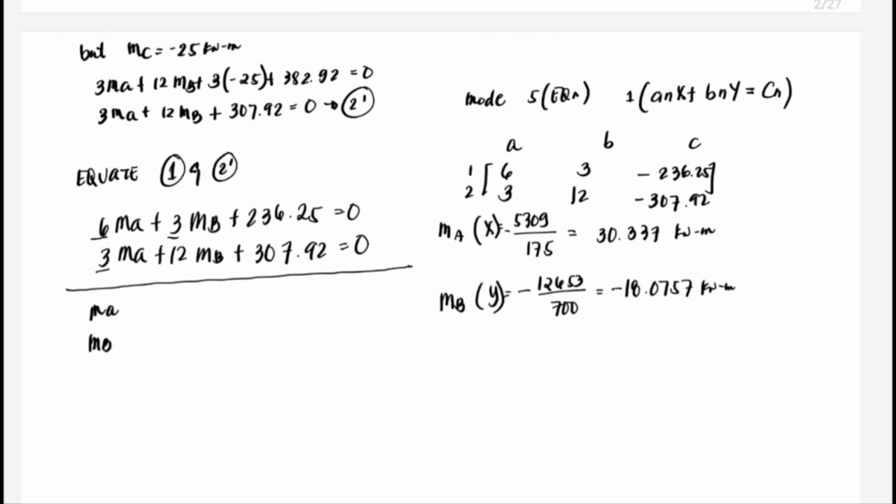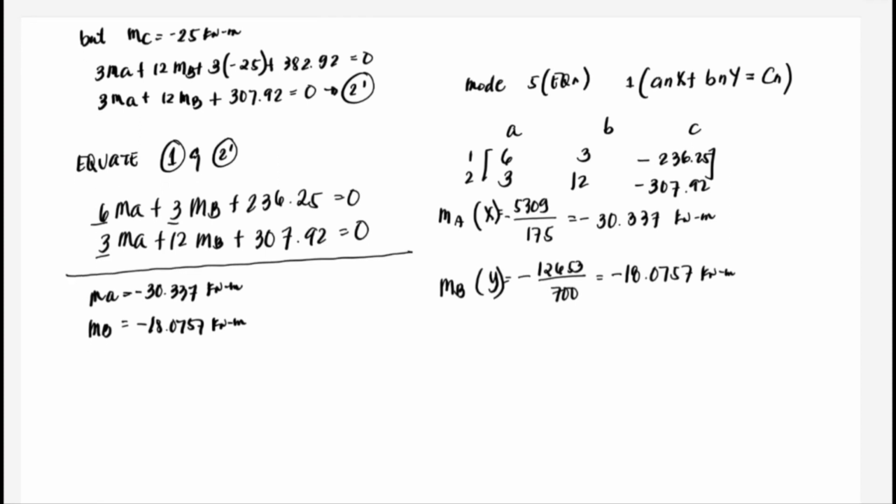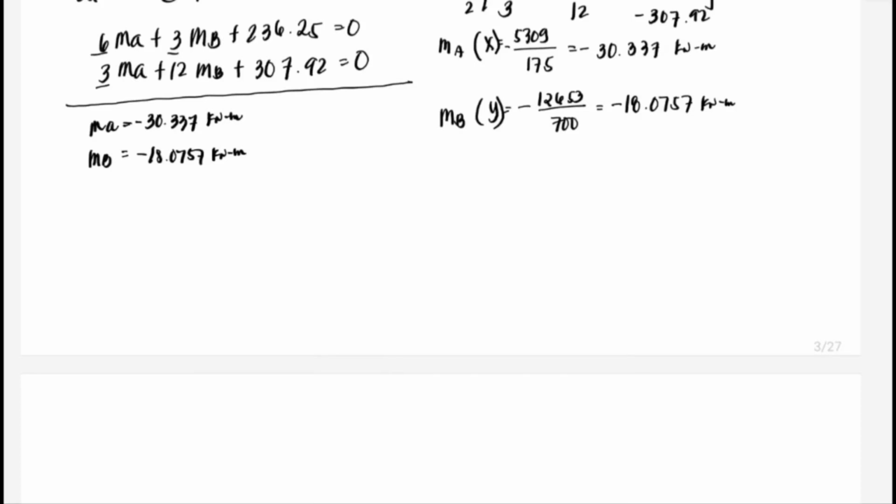You can already store that as you compute. Don't forget the negative. Okay. And then, we have negative 18.0757 kilonewton meter.